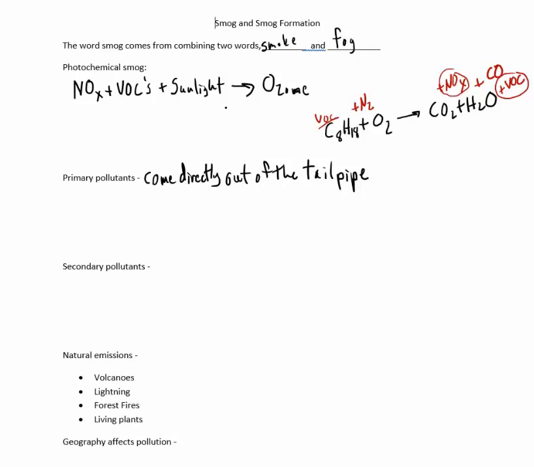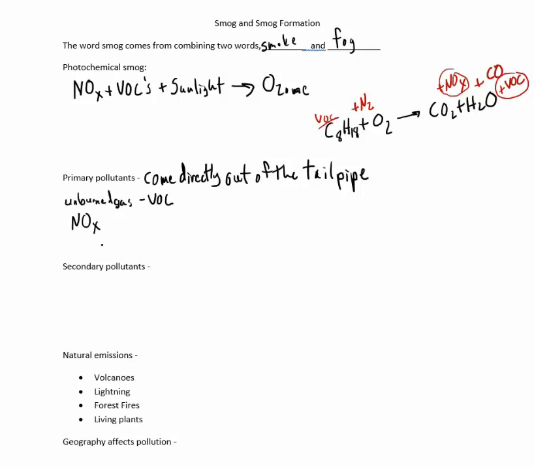So this is before the sunlight has an opportunity to take effect. So some of the primary pollutants would be unburned gasoline, which again is a VOC. You also have NOx emissions or primary pollutants as well.